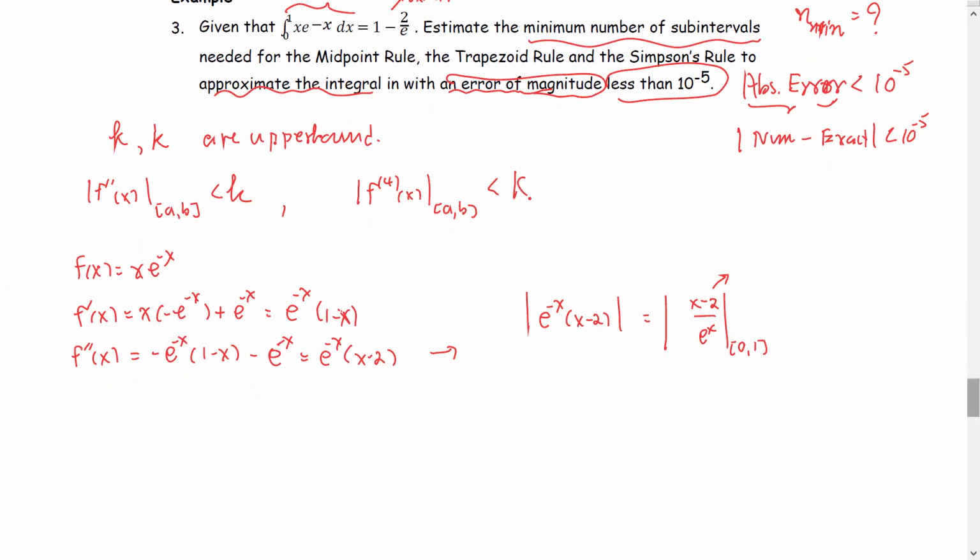If you replace x with 1, 1 minus 2 is negative 1 divided by e, and the value is going to be less than 2. So the absolute value of (x minus 2) divided by e to the x is less than or equal to 2 on the interval [0, 1]. Therefore, k, the upper bound of this second derivative, will be 2.